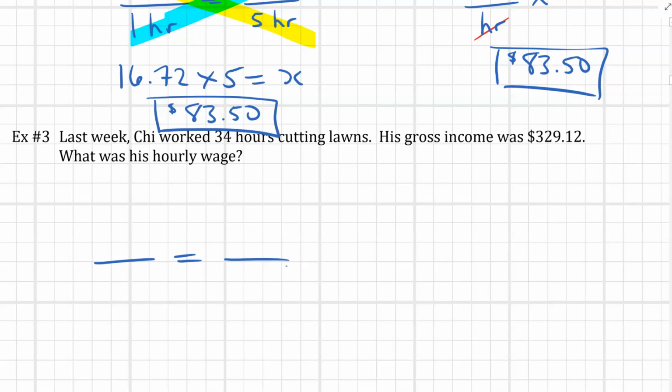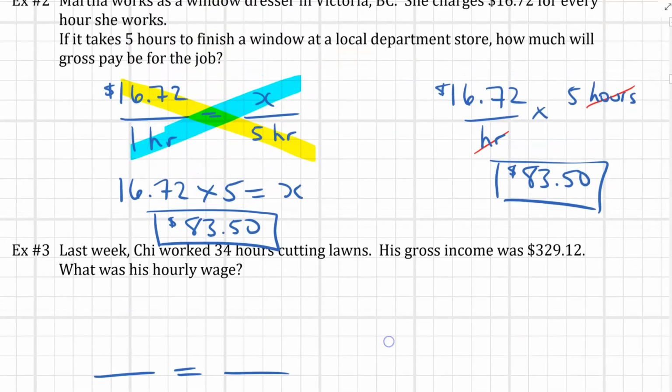So worked 34 hours and gross income was $329.12. So if you think about the way we set it up before, the top left was the hourly wage, and then the bottom was 1 hour. So really in this question, we want to figure out what is the hourly wage.